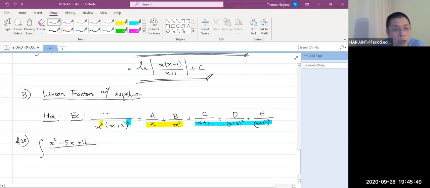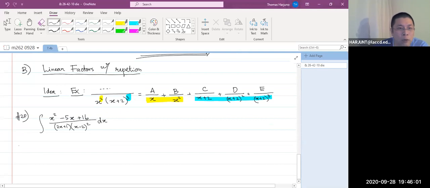Here they already factored for us 2x plus 1, and then we have x minus 2 squared dx. So I will apply partial fraction. Oh, hold on. Oh yeah, that's right. The bottom already has degree 3. Partial fraction decomposition on the top.